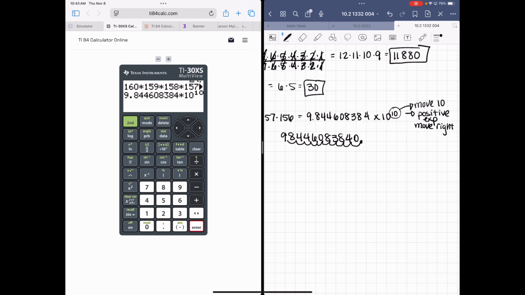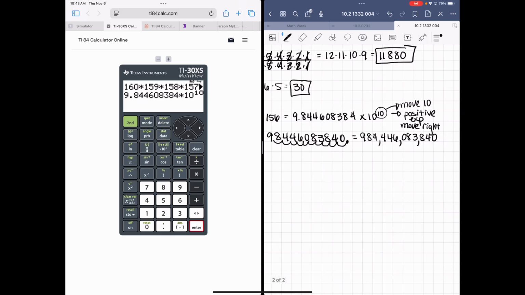So this number is actually 984,446,083,840 possibilities on whatever this factorial was.